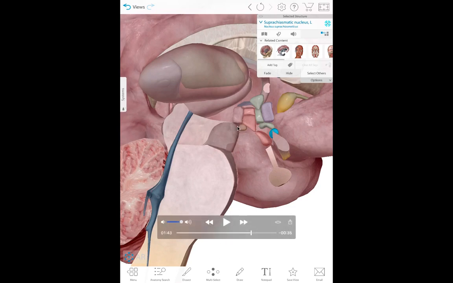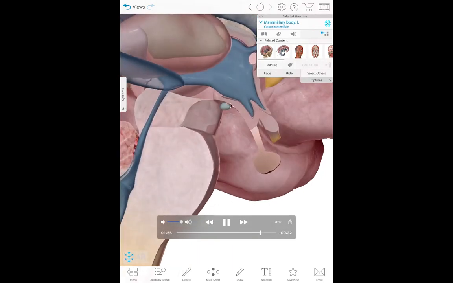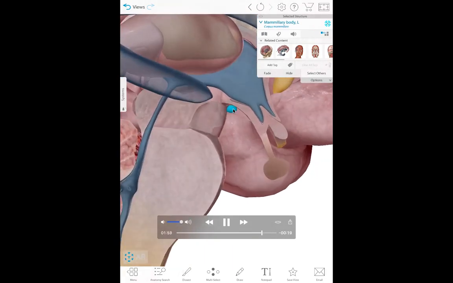And so that's the mammillary body there. It's just this nucleus that really drops down just posterior to the hypothalamus. And this is a nice view of the mammillary body, just panning back out to give you an appreciation for how it's connected to the hypothalamus.